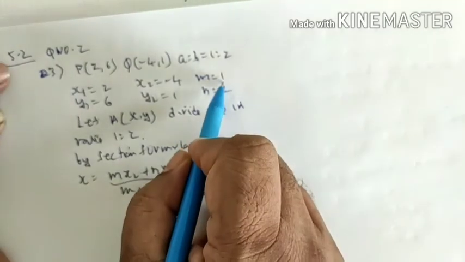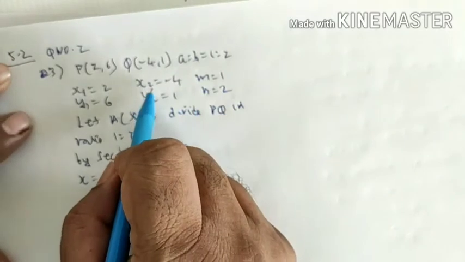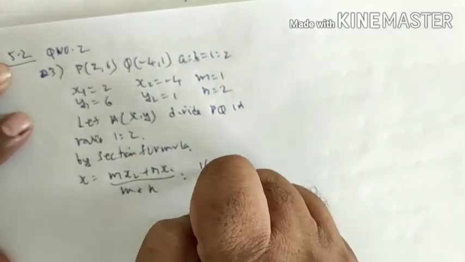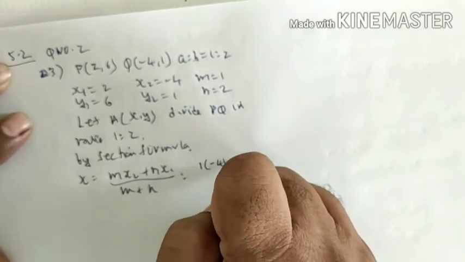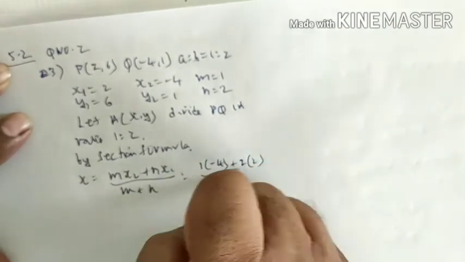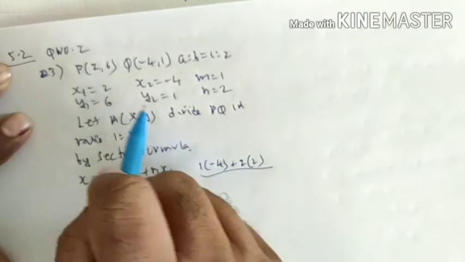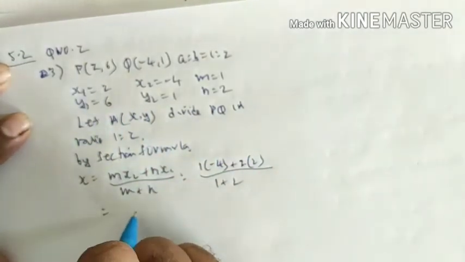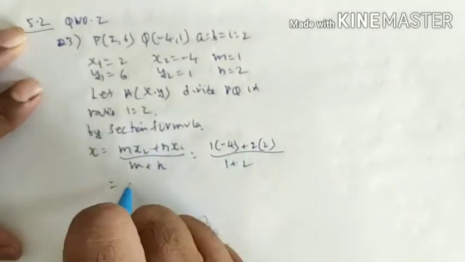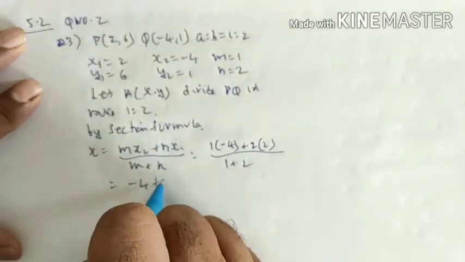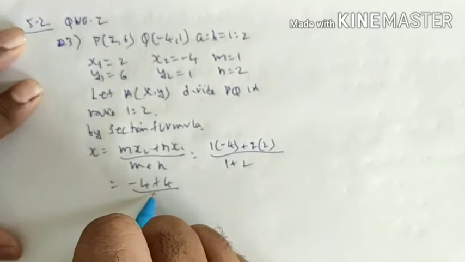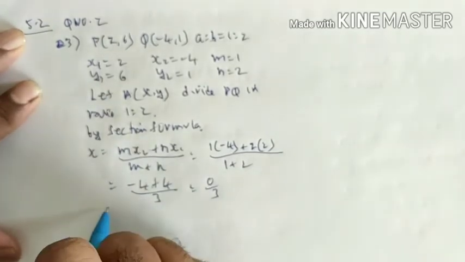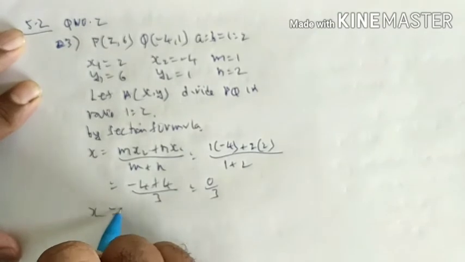What is m here? 1, into -4. What is n? 2, into 2, upon 1 plus 2. It is equal to -4 plus 4 upon 3, that is equal to 0 upon 3. So, we are getting the value of x as 0.